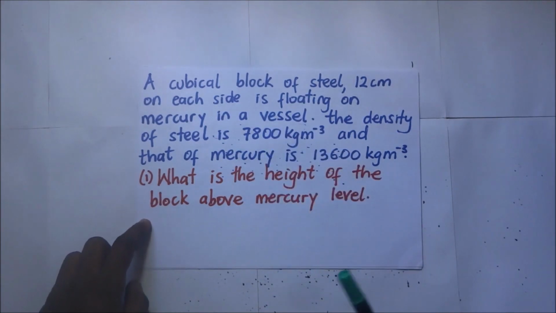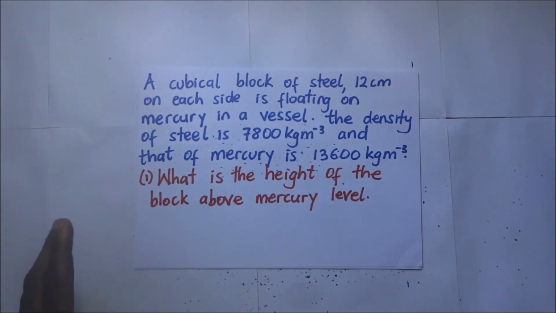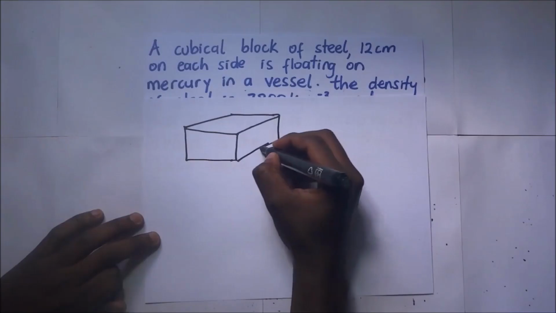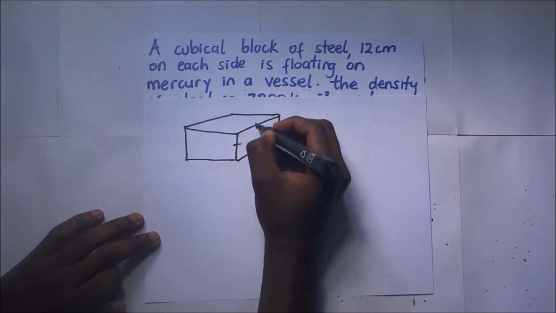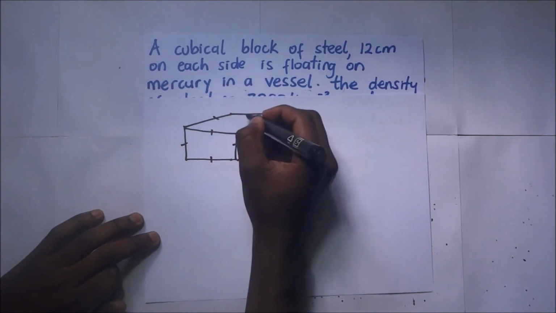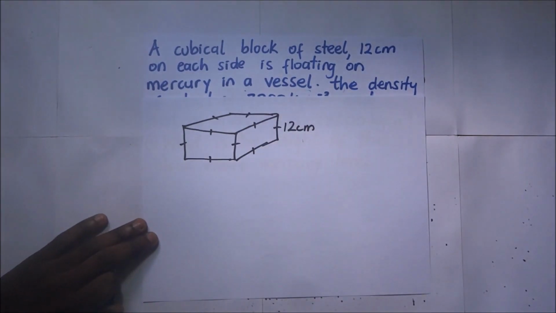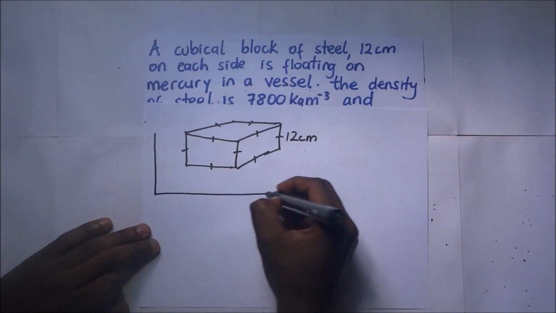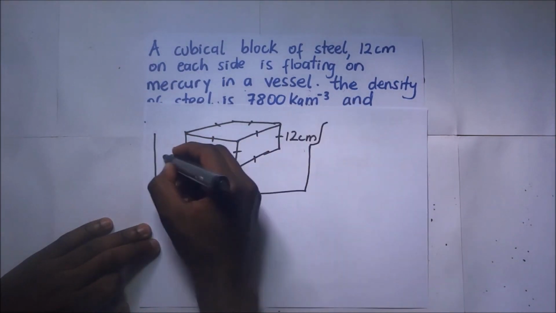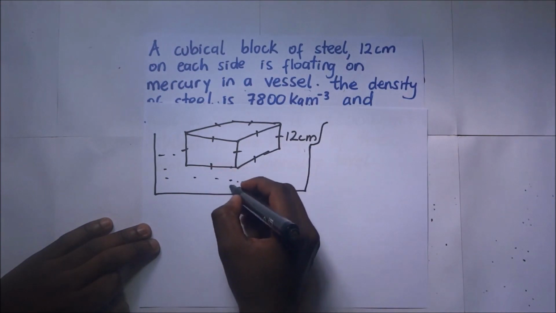Let's summarize this question with a diagram so that we get a clear picture of what we are up against. 12 centimeters, meaning that every side is 12 centimeters. It's a cube. It is floating on the mercury in a vessel. So this thing is in a vessel, and the liquid it's floating on here is mercury.